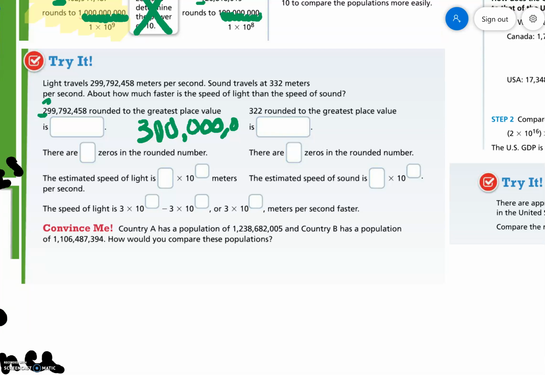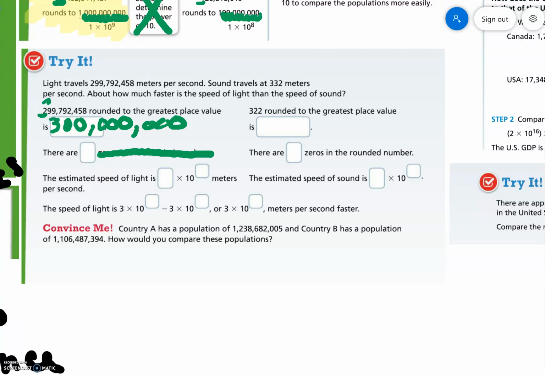Oh, I guess I could have put that in the box. Fill the rest of the numbers with zeros. Okay, then it says there are how many zeros in the rounded number. I don't want you to do this, silly Pearson.